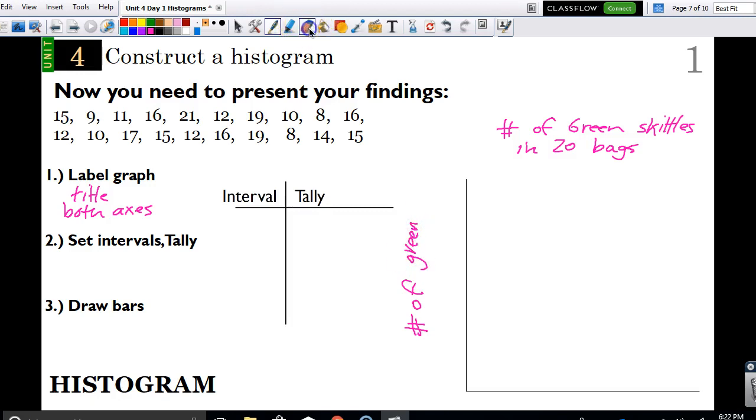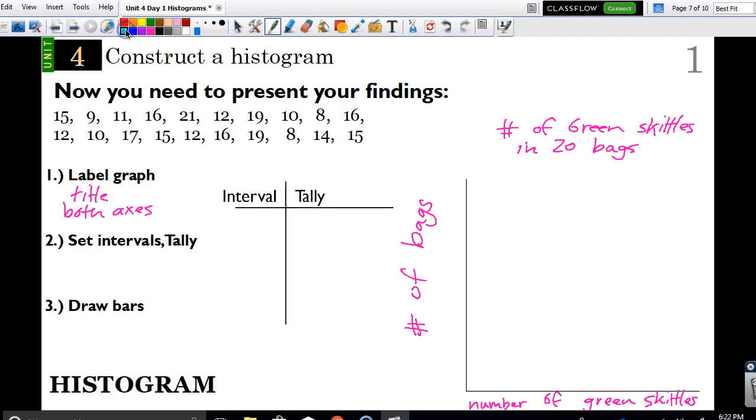I'm sorry, I'm going to put number of bags there. Number of bags. And then this is going to be the number of green Skittles down at the bottom.